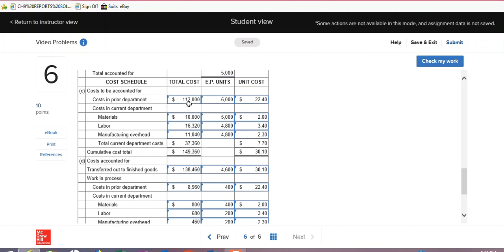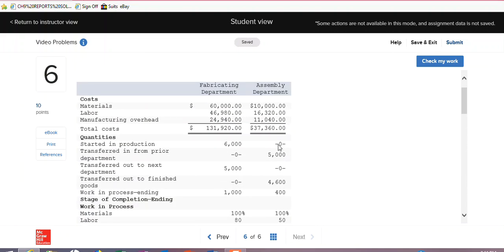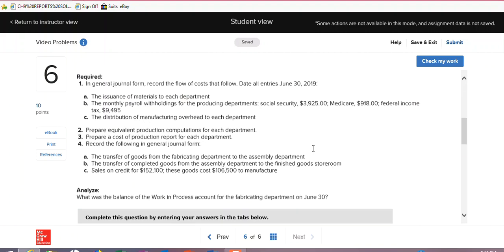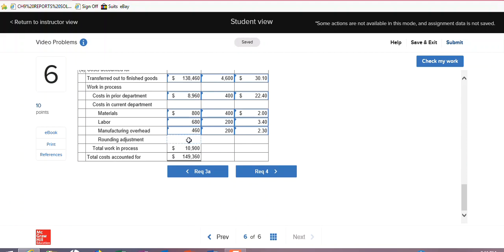So we got the 112 we transferred in, plus what we spent in this department, which was the $37,360, which is $149,360, and that's what we got. So you don't need that rounding adjustment, so you can put a 0 in there if you want.